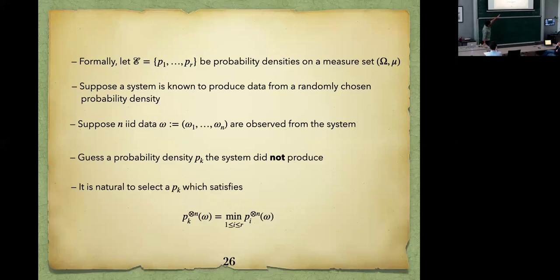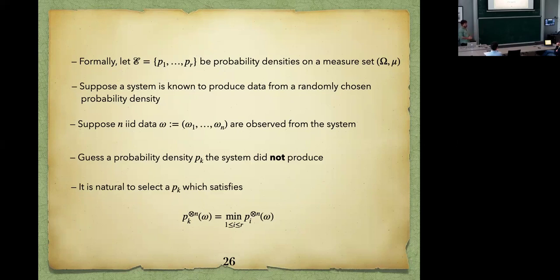Suppose omega is the observed sample after n observations. Which probability density is the optimal answer? It would be that k for which this quantity is minimum, the probability of obtaining that omega among all of them is minimum. For whichever k that is, you say that was a probability density not produced by the black box.